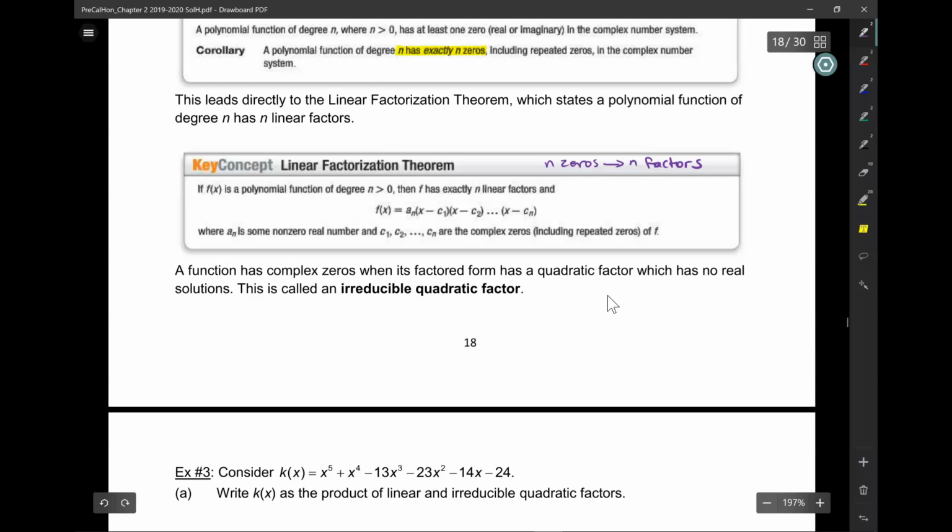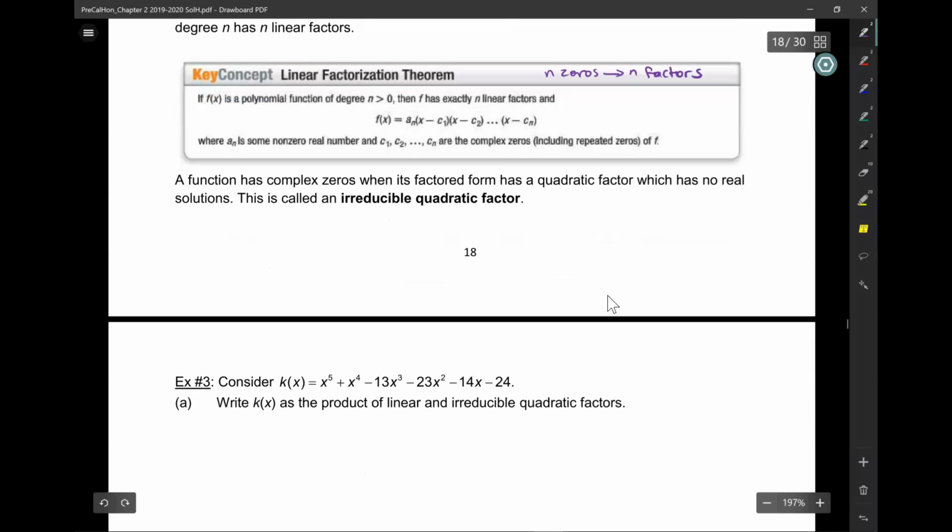Okay? So, what about those factors? If a function has real and imaginary zeros, we call those complex zeros, right? A function will have complex zeros when it has a quadratic factor which has no real solutions. Okay?